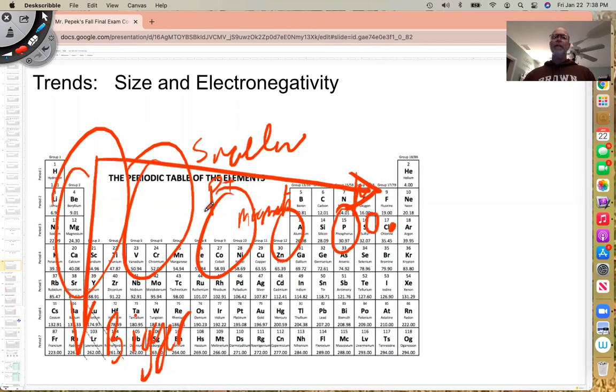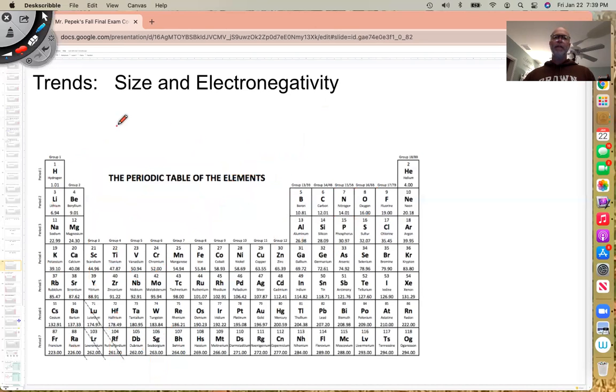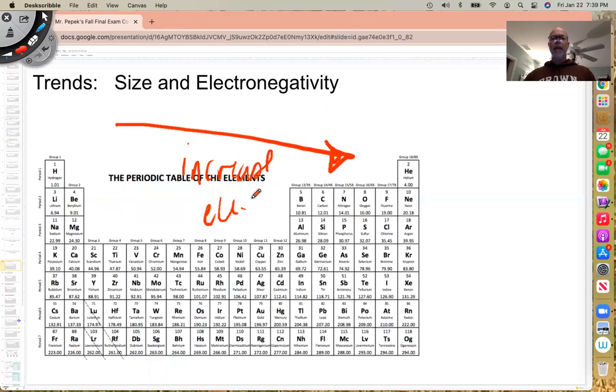Now, that deals with size. Electronegativity is how easily an atom can hold on to electrons. Well, the electrons on big atoms are way out here, away from the nucleus. But on these little tiny atoms, the electrons are really close. So, in terms of electronegativity, as you move across, you increase the electronegativity of an atom, or the ability of an atom to hold on to its electrons.